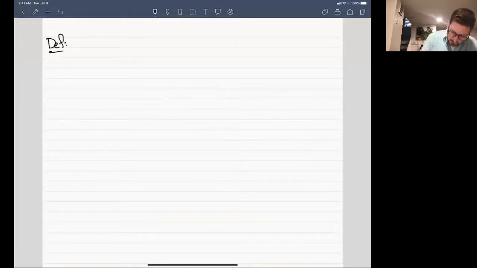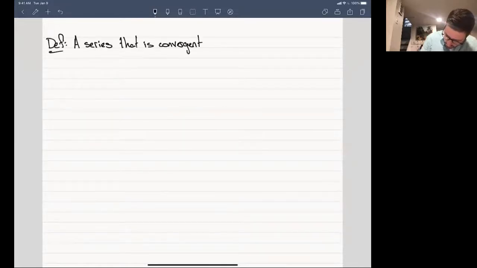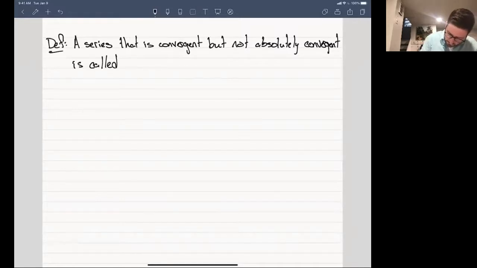A series that is convergent but not absolutely convergent is called, we'll put this in red to highlight it, conditionally convergent.